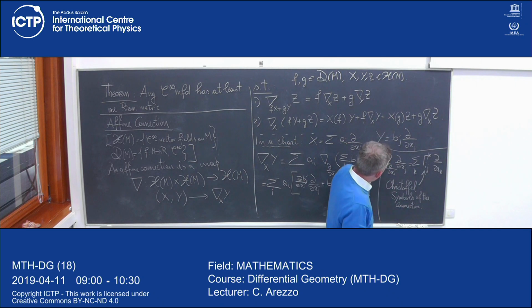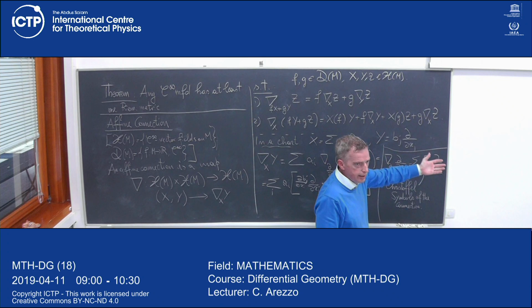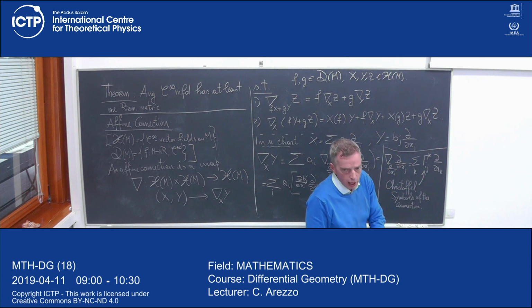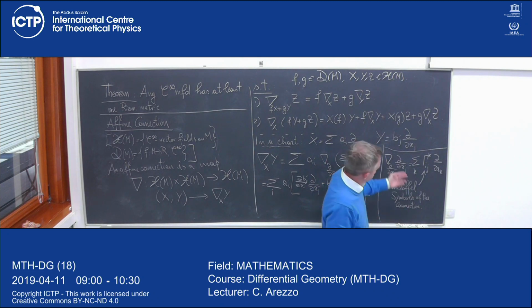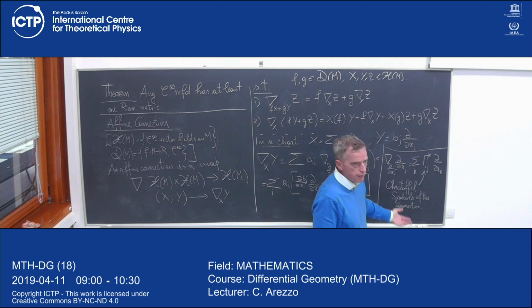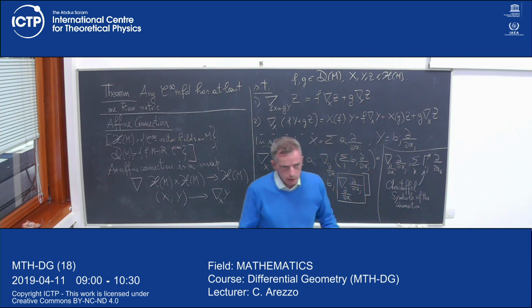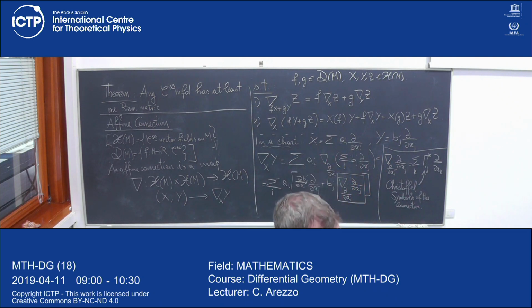Well, that means in Rn, if I take the vector field ddx and I take the derivative with respect to ddy, how much do I get? 0. So the Christoffel symbols of the standard connection in Rn all vanish, for any i, j, and k. But if i is equal to j, I will get 1.